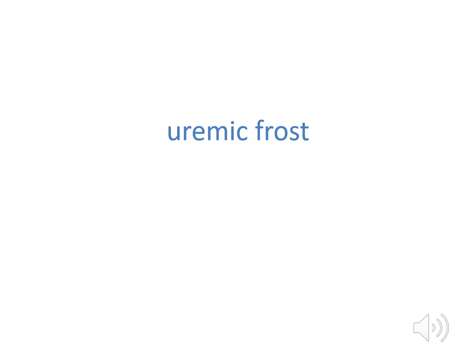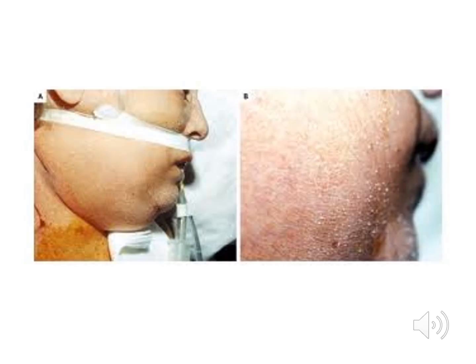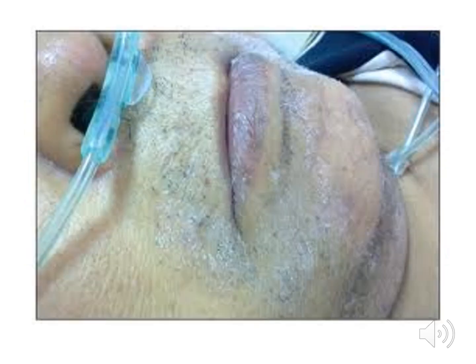And so these things crystallize out on the skin when the sweat dries, and it looks like this white powdery substance. They call it uremic frost because it sort of looks like the frost that you see outside on the blades of grass in the winter when it gets cold. I think it's a little easier to see in this picture, the little white powdery stuff.